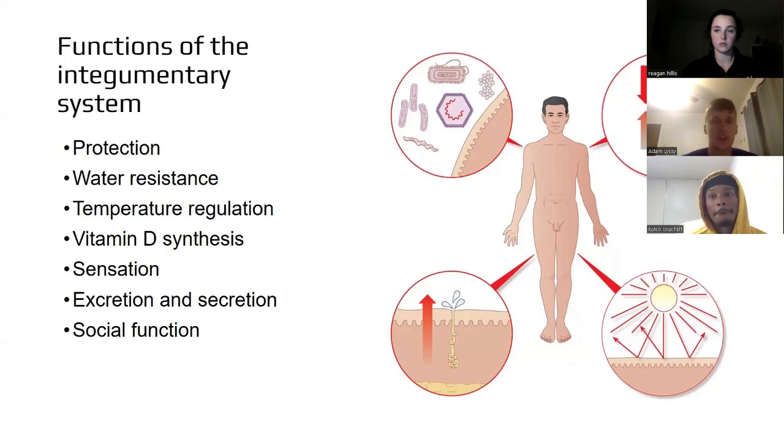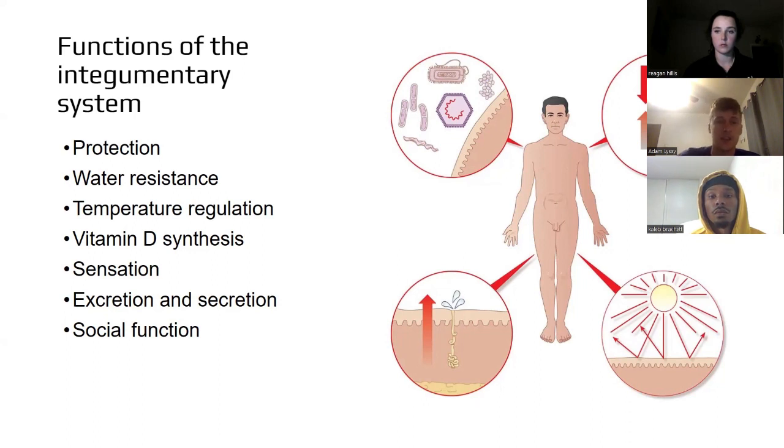Temperature regulation is a big function because the capillaries going through the dermis help release heat by dilating, and then vasoconstriction causes a decrease in blood flow to help you retain heat. You have vitamin D synthesis, where your skin is able to metabolize vitamin D from the sun.